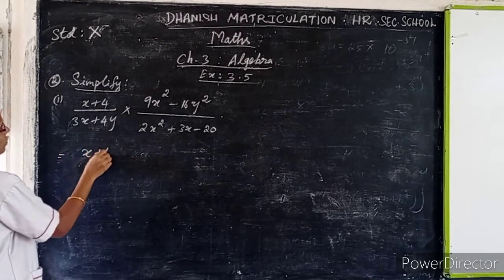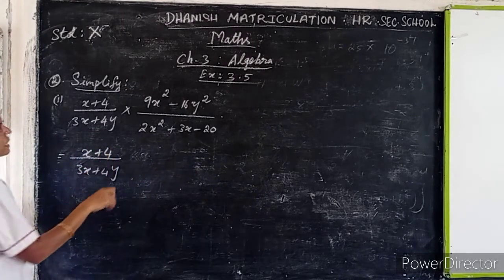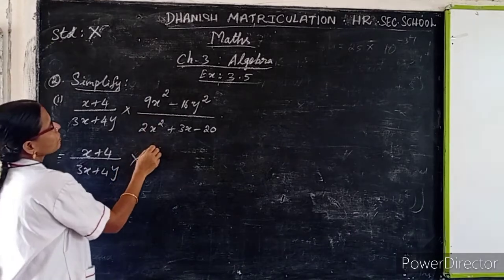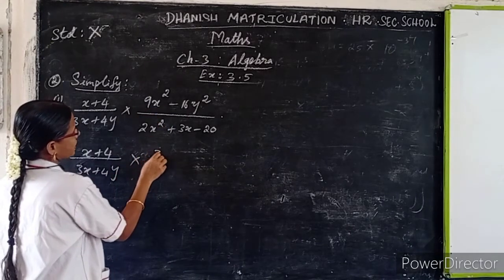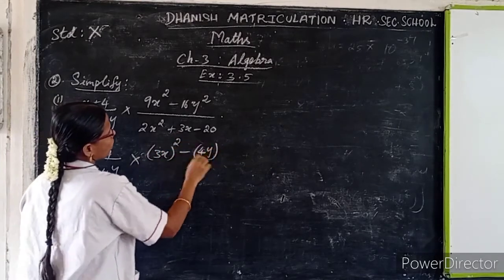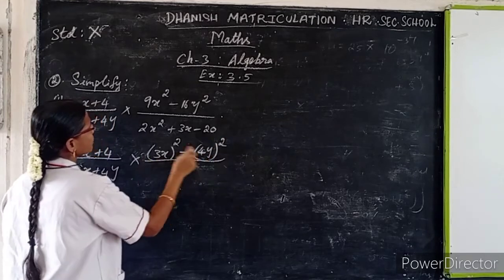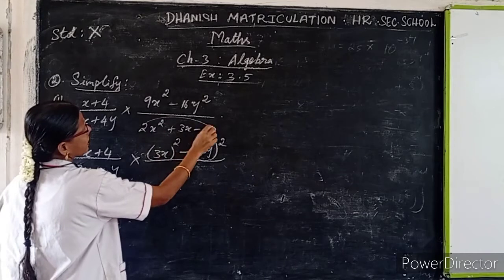Here x plus 4, here 3x plus 4y. These are linear factors. Here 9x square can be written as 3x the whole square minus 4y the whole square. The denominator is one quadratic expression.